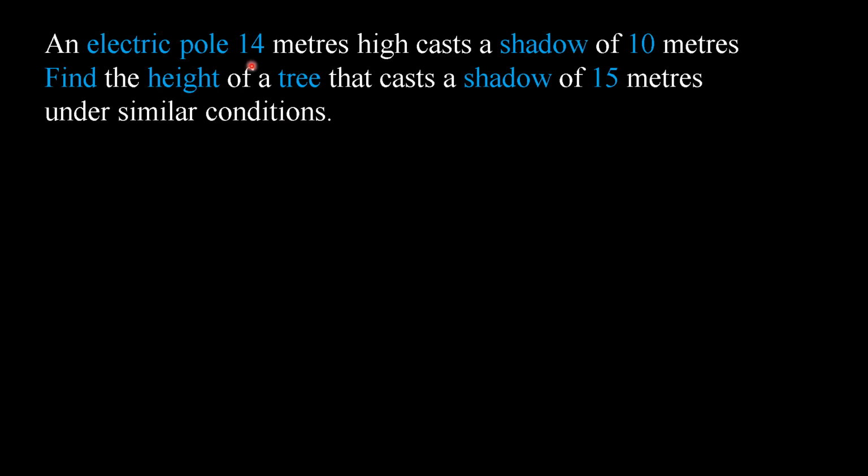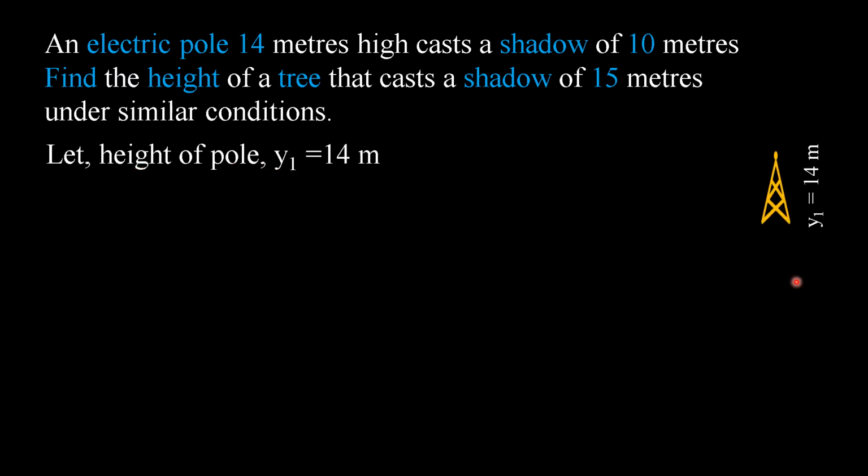An electric pole 14 meters high casts a shadow of 10 meters. Find the height of a tree that casts a shadow of 15 meters under similar conditions. Let the height of the pole y1 be 14 meters. Length of its shadow x1 is 10 meters.